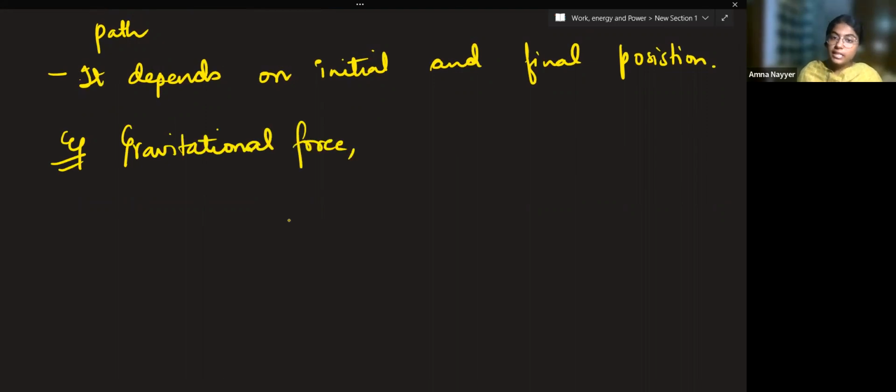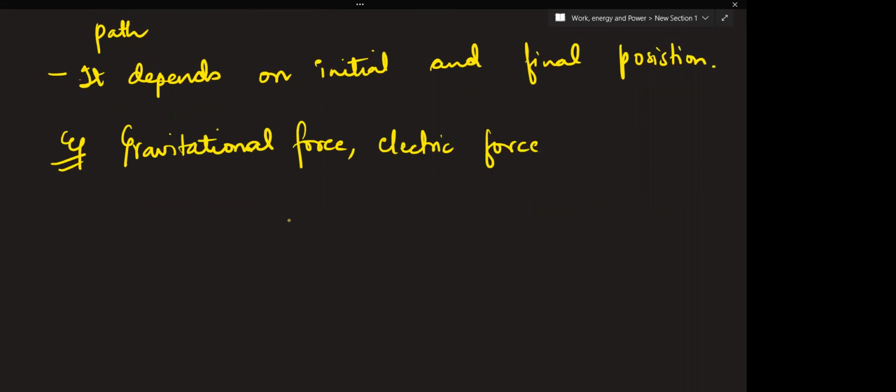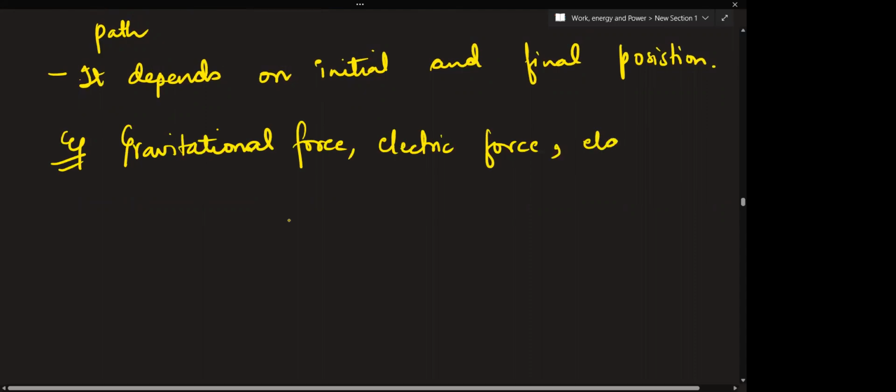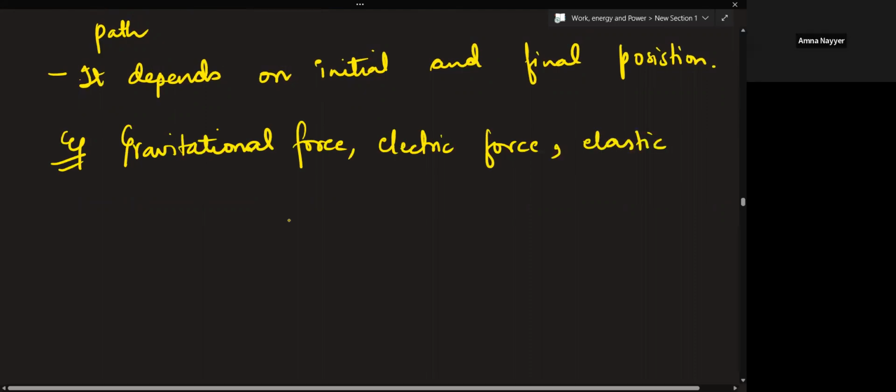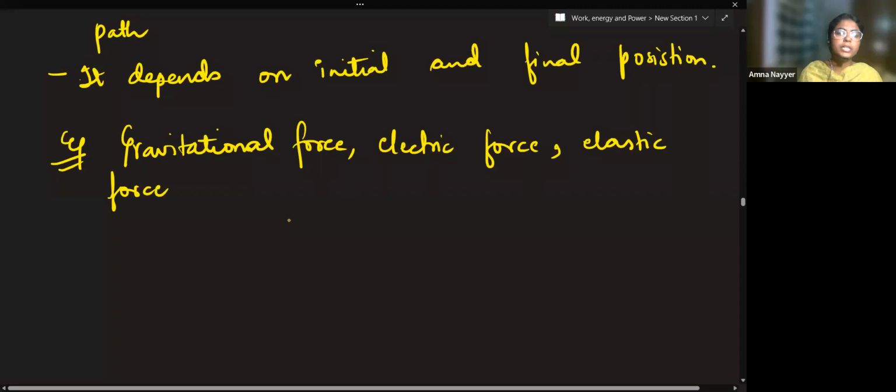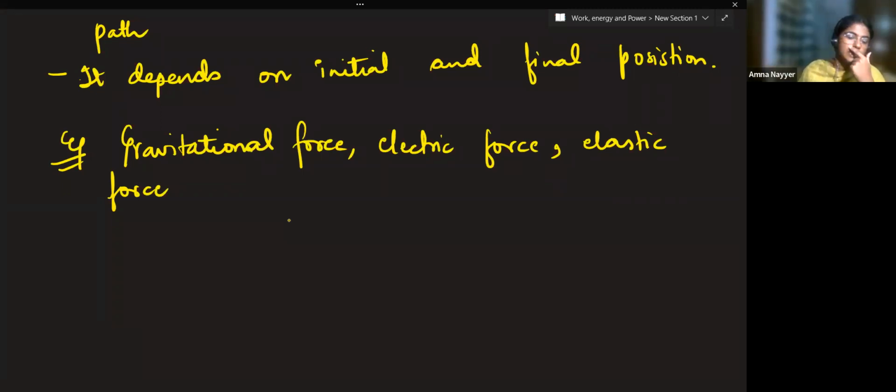You have electric force. Electric force you will study in the next standard. Then apart from electric forces, you have elastic forces. Elastic forces we'll do when we'll be doing mechanical properties of solids. There you'll see elasticity is a phenomenon. So these are certain forces which are conservative.